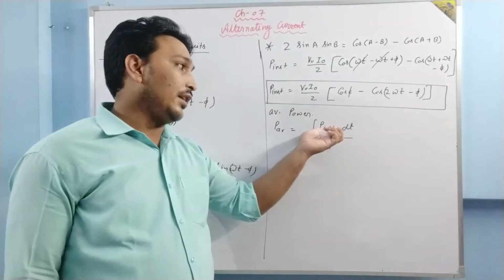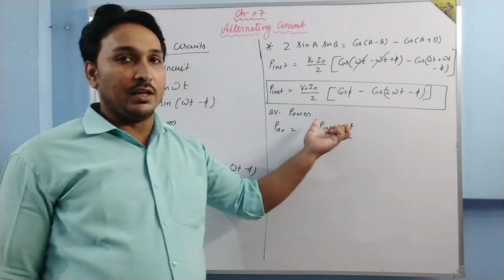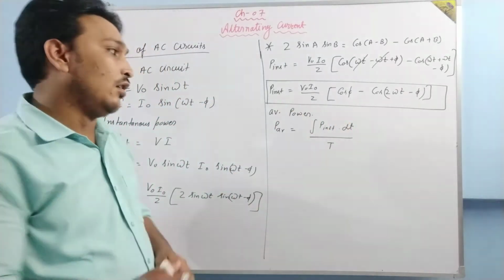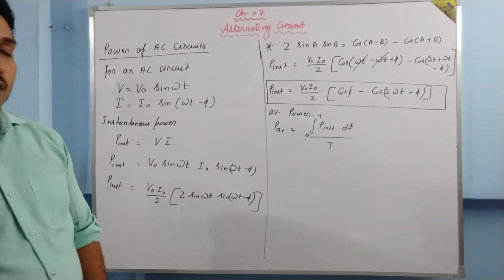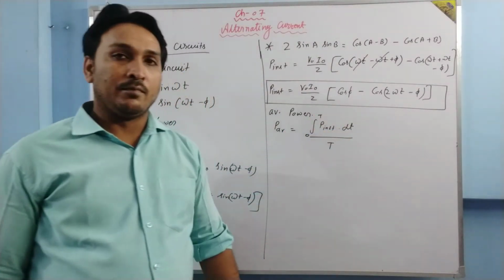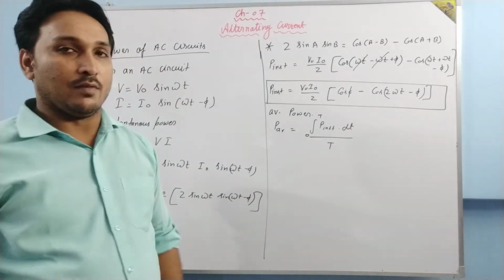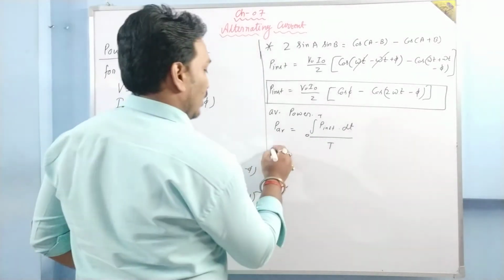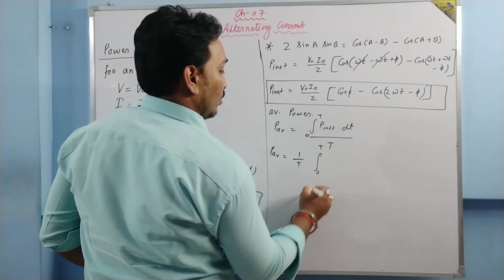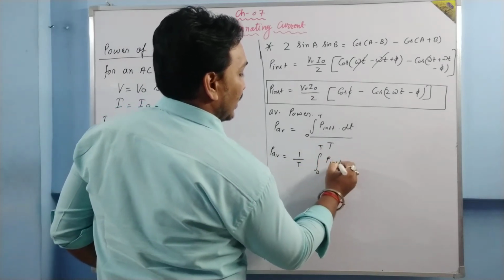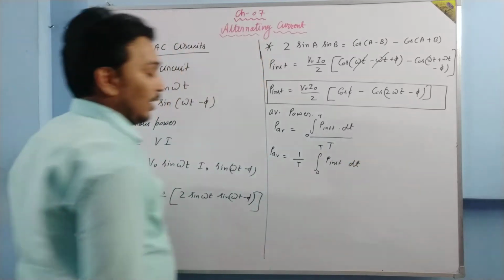So P instantaneous multiplied by dt is energy, and integration gives the total energy from 0 to T, divided by time. So P average is equal to 1 by T integration 0 to T P instantaneous into dt.